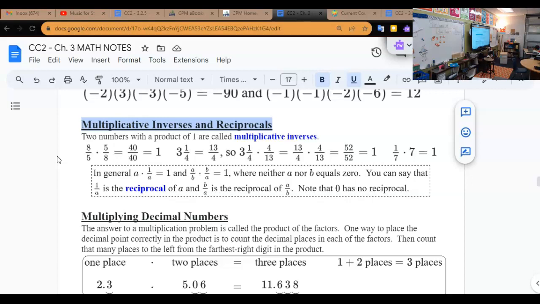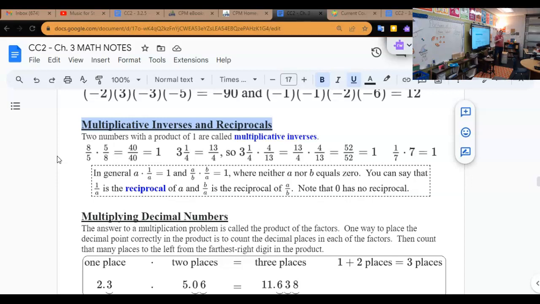Instead of just remembering it as a reciprocal, I remember it as a "refliprocal," because the "flip" in the middle of that word kind of sounds like if I said reflip. What you're really doing is taking that fraction and flipping it. That's the multiplicative inverse. It's also called the reciprocal.